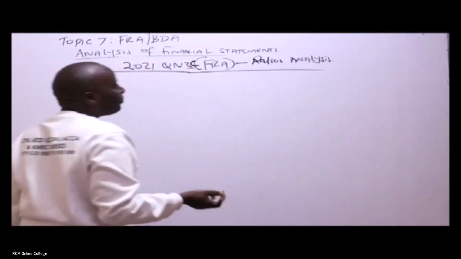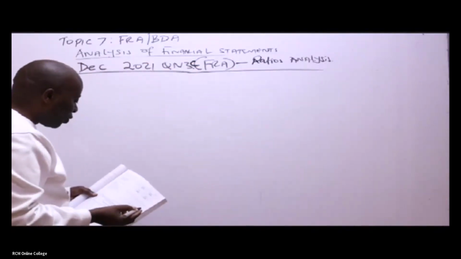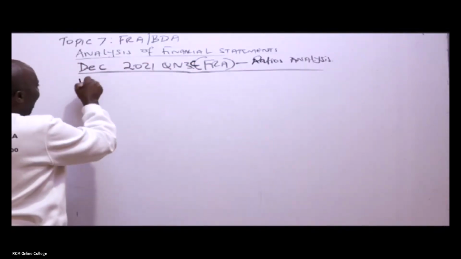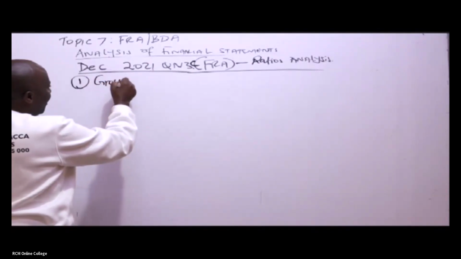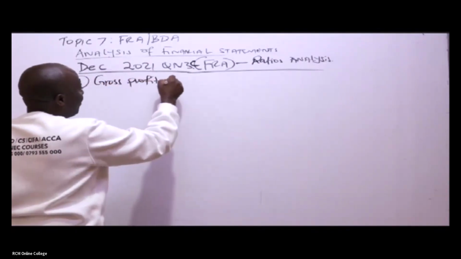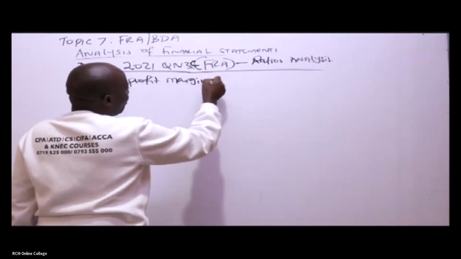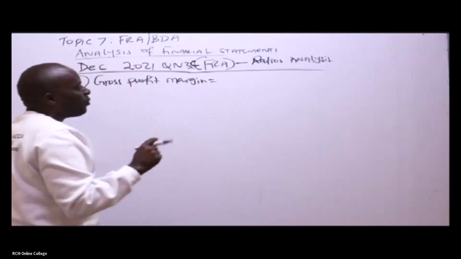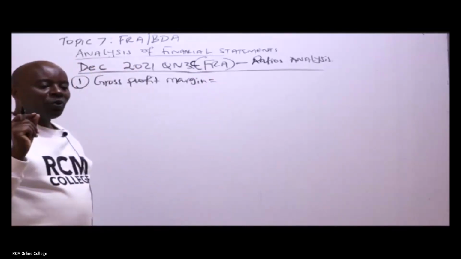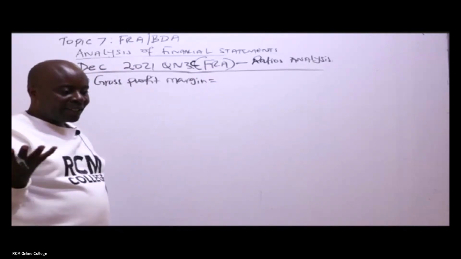We start with the first one, the GPM, gross profit margin. How do we get gross profit margin? Anytime we see the word margin, there must be sales at the denominator.